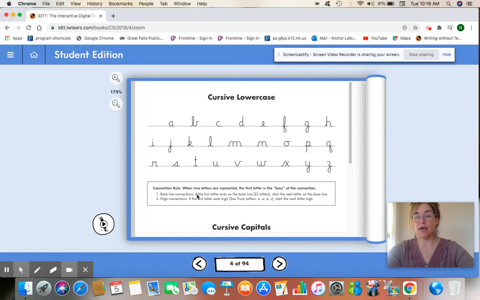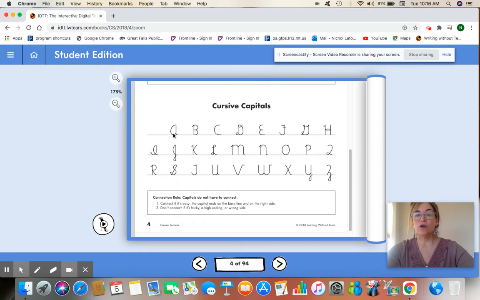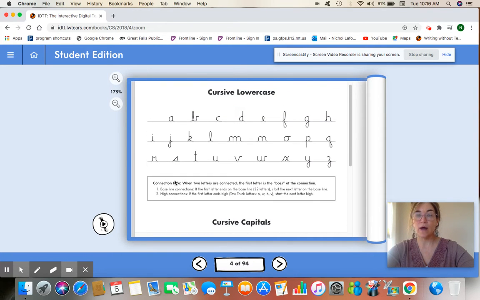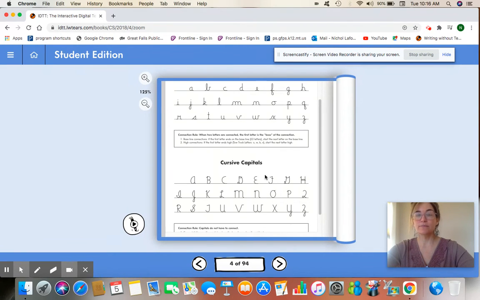It is the connector letter to the other lowercase letters, and it usually has a tail ahead and a tail behind. That's important to know. Capital letters don't necessarily connect when you start with a capital at the beginning of a sentence, or a proper noun doesn't necessarily always connect to the next lowercase letter. This page is a great resource to come back to when you want an up-close look at lowercase and uppercase letters.